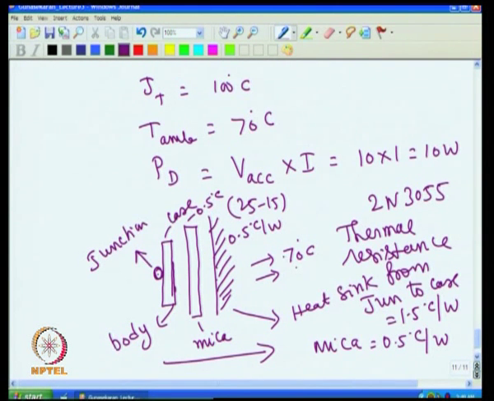That means for 1 watt dissipation of heat here, you need 2.5 degree difference between ambient and the junction. So, if 10 watt is dissipated here, then you will find 25 degree difference between the ambient and the junction. That means, if the ambient is 70 degree, then junction will be 95 degree.